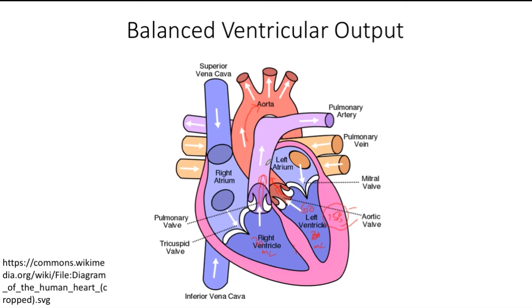That is eventually going to cause volume backup and volume overload of the pulmonary circuit. And that increased cardiac output into the pulmonary circuit and the decreased output into the systemic circuit will eventually cause pulmonary edema, due to the volume overload of the pulmonary circuit.